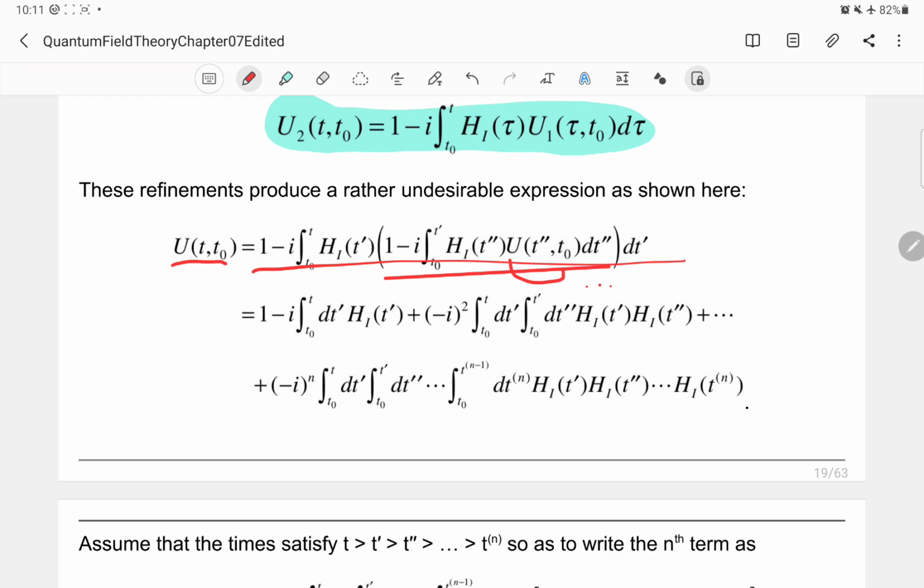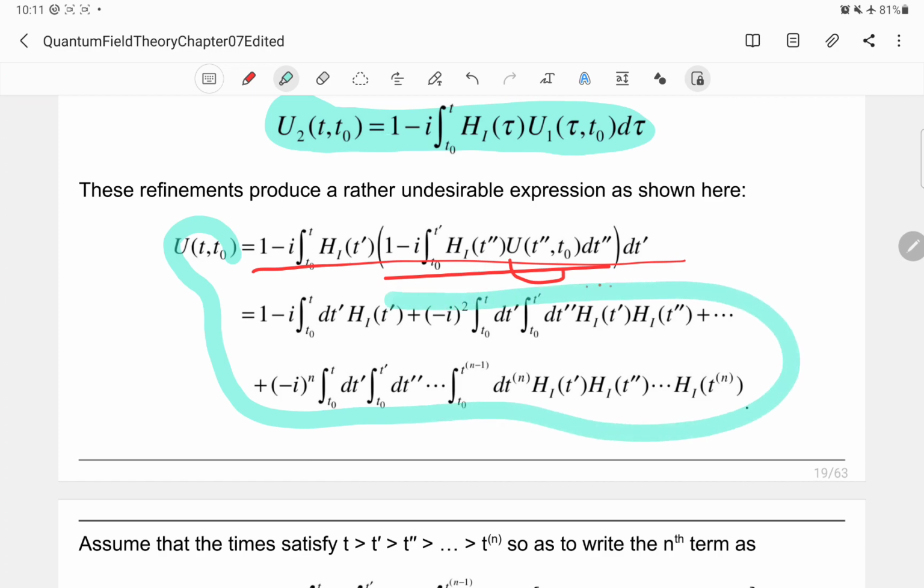You will have a lot of terms. So finally you will have this thing. If you go to higher terms, this is now the series expansion of U(t, t0).